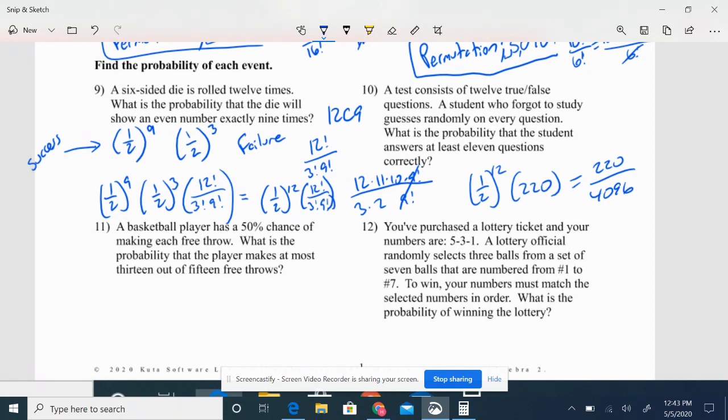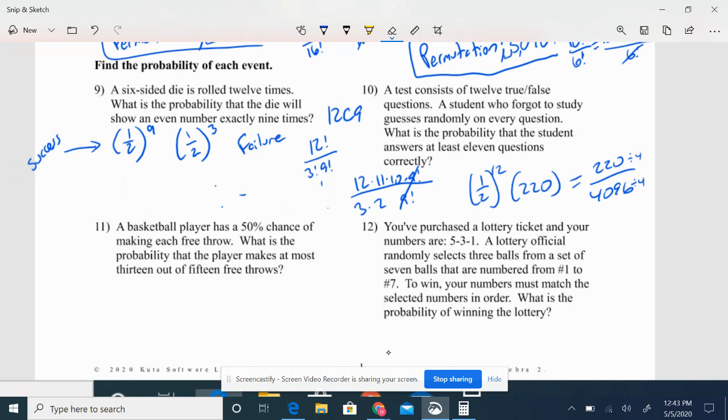Simplify as much as you can. I'm going to divide each by 4. Let me erase all this because of the space.